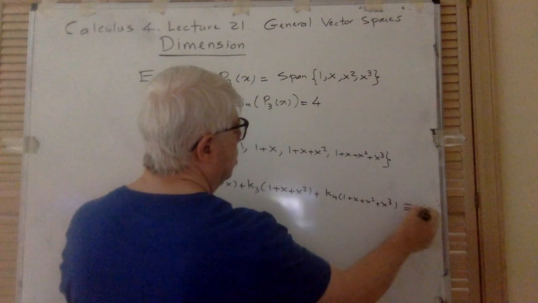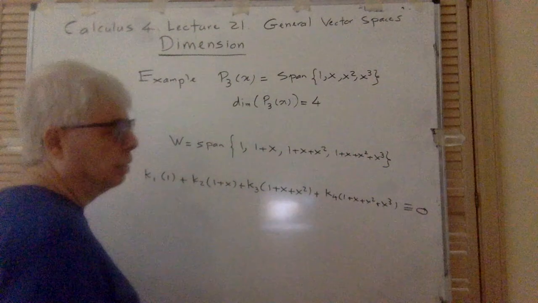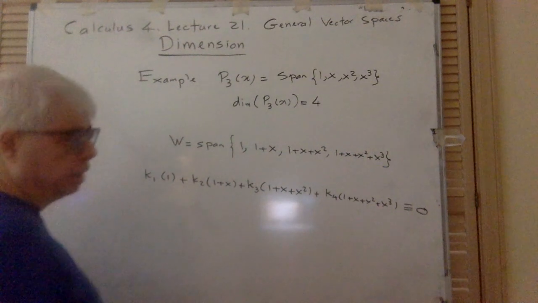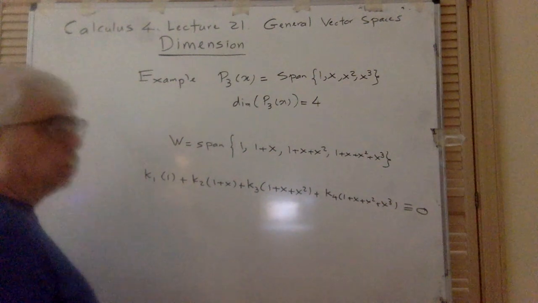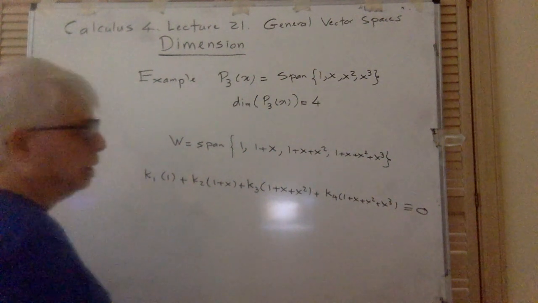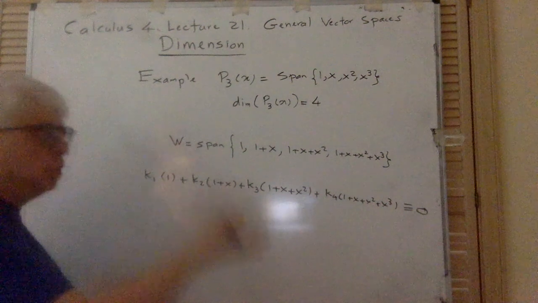And this is the same as the 0 polynomial. I wrote equivalent, this is not, say, an equation. It means that they should be the same. This should be the 0 polynomial.